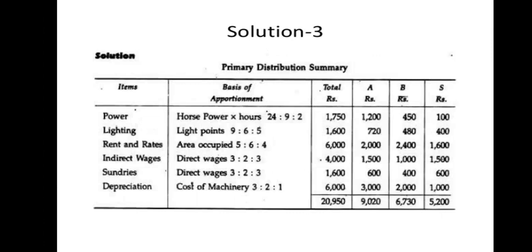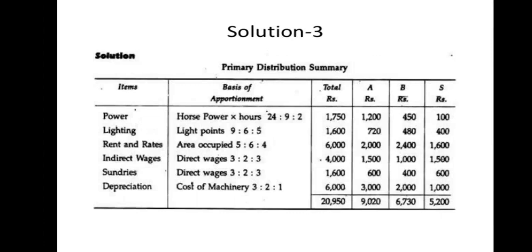Indirect wages based on the direct wages, 3 is to 2 is to 3. Total overheads of indirect wages are 4000, and if we apportion in the ratio of 3 is to 2 is to 3, 1500, 1000 and 1500. Sundries obviously on indirect wages, 3 is to 2 is to 3.